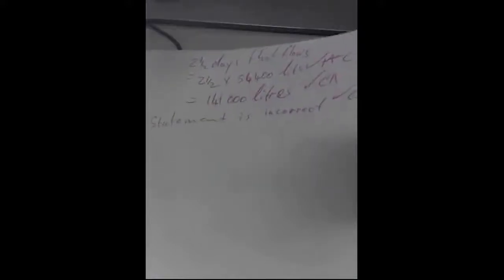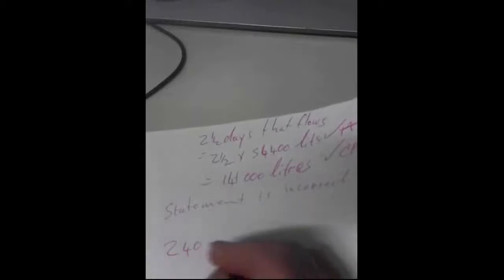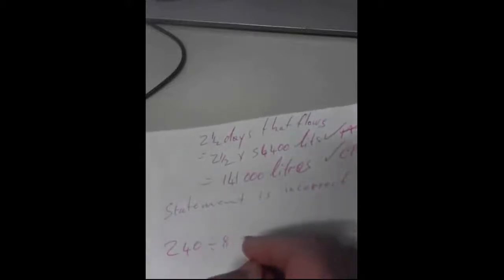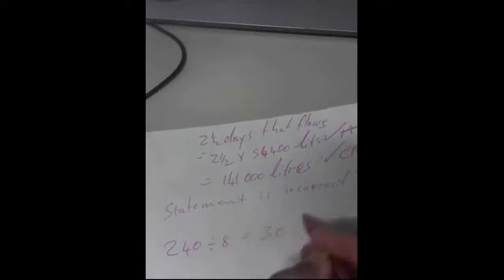So what did they say? They expect 240 people. 8 people will sit at a table. So the first thing you must do is determine how many tables there will be. If there are 240 people, you divide by 8 and you get 30 tables.